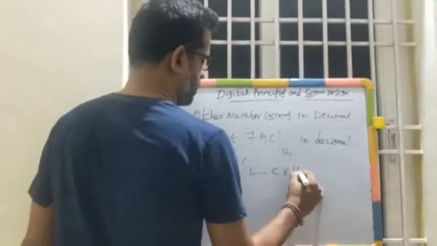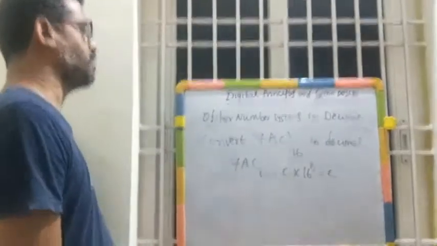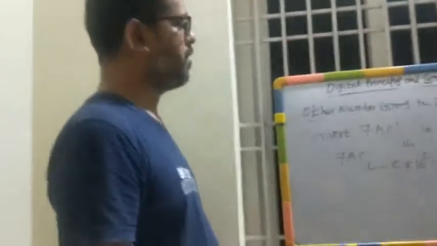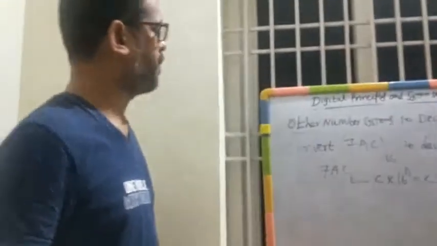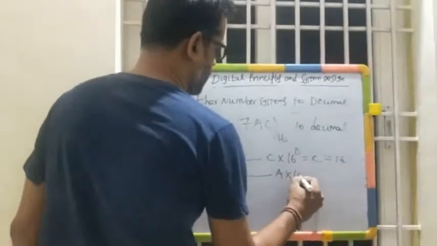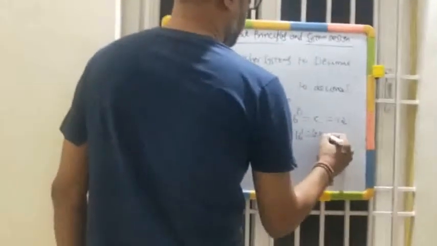C into 16 power 0, which is nothing but C, because anything power 0 is 1. So while we are converting to decimal, what is the value of C? It is 12. Then A into 16 power 1. A becomes 10. So 10 into 16, which is nothing but 160.